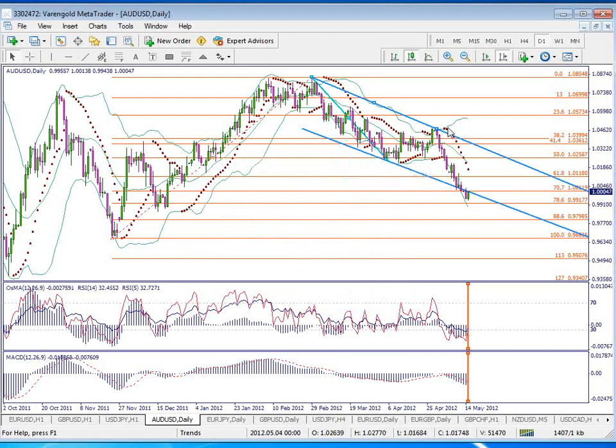Because from this low, the pair just went into the up direction and made a new important high. This is all that I can see. And from this high, just going to the downtrend.